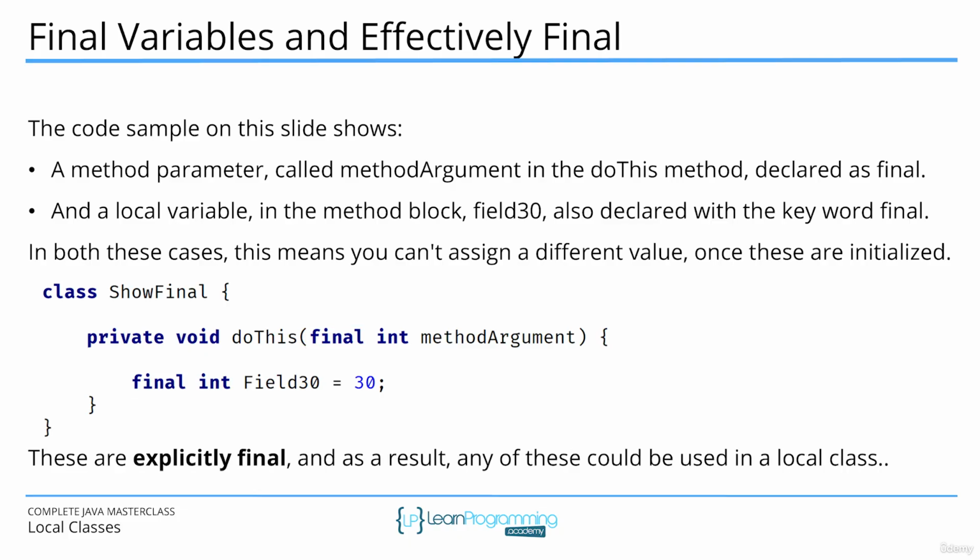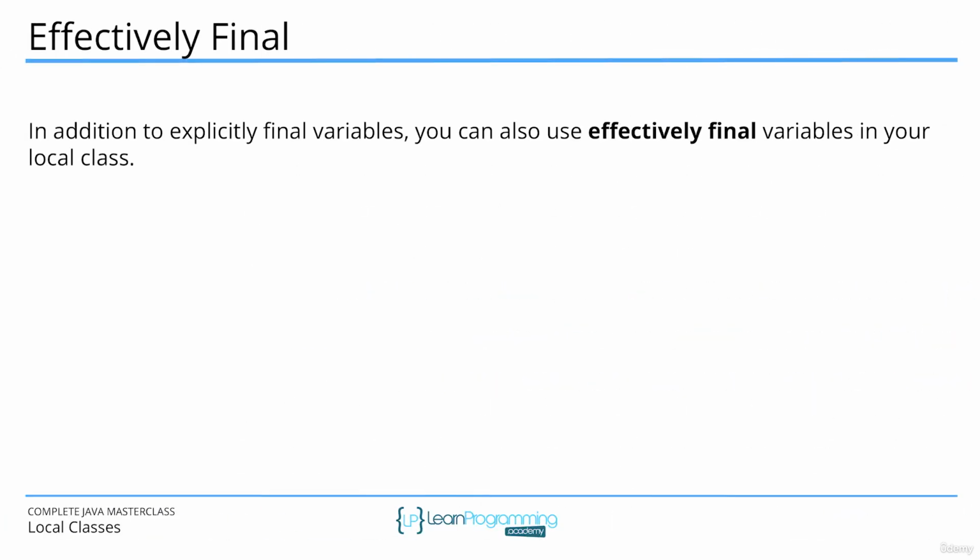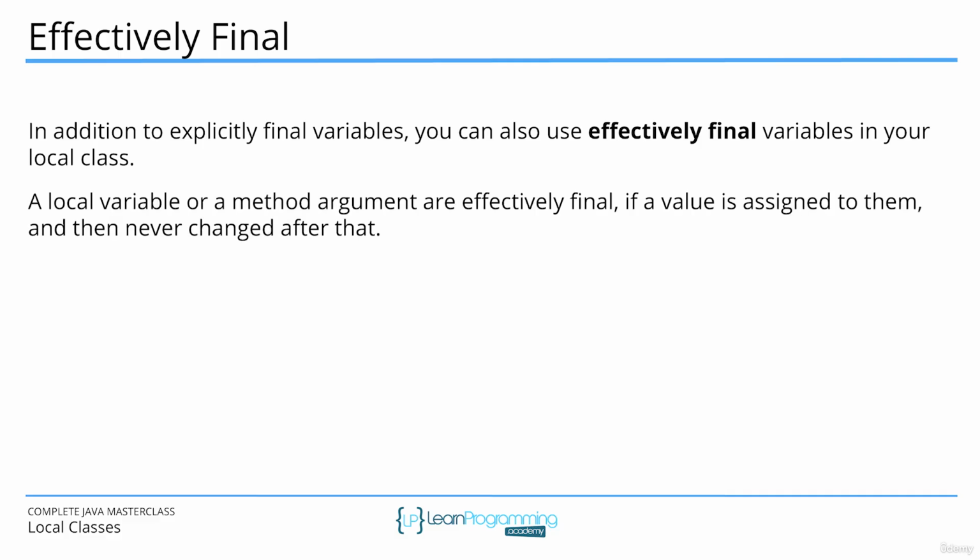These are explicitly final, and as a result, any of these could be used in a local class. In addition to explicitly final variables, you can also use effectively final variables in your local class. A local variable or a method argument are effectively final if a value is assigned to them and then never changed after that. Effectively final variables can be used in a local class.